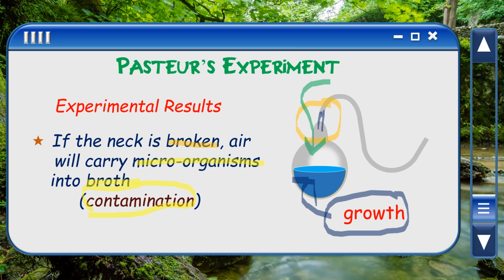But in this experiment, where he broke off the apparatus and did not put any covered entry there, he found that there was contamination, and then there was also growth of microorganisms.